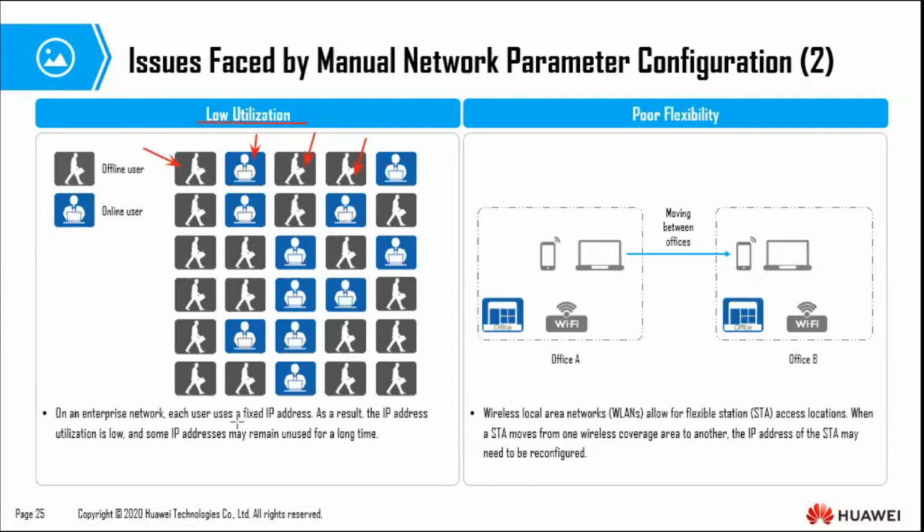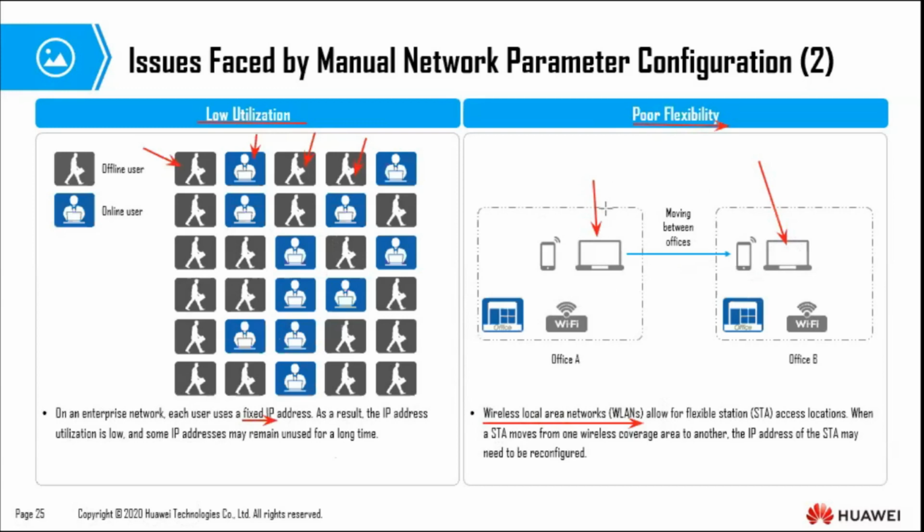So on an enterprise network, each user uses a fixed IP address. As a result, the IP address utilization is low, and some IP addresses may remain unused for a long time. The other problem is poor flexibility. For example, in a wireless local area network, you want students to be able to move from one class to another and still be able to connect to your network and maybe the internet.